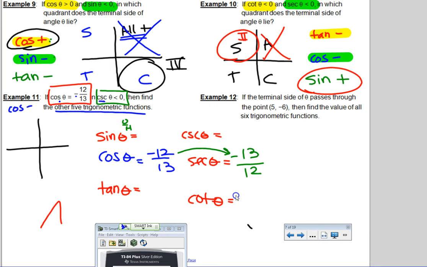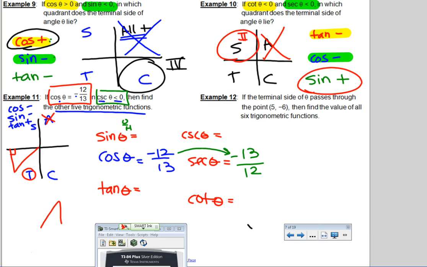And cosecant is also below 0. That means cosecant, which goes with sine, is also negative. By default, that means I know tangent has to be positive. So if I write my ASTC, I'm not in quadrant 1 because they're not all positive. Tangent is my winner. I'm in quadrant 3. So now I know where my triangle is located.